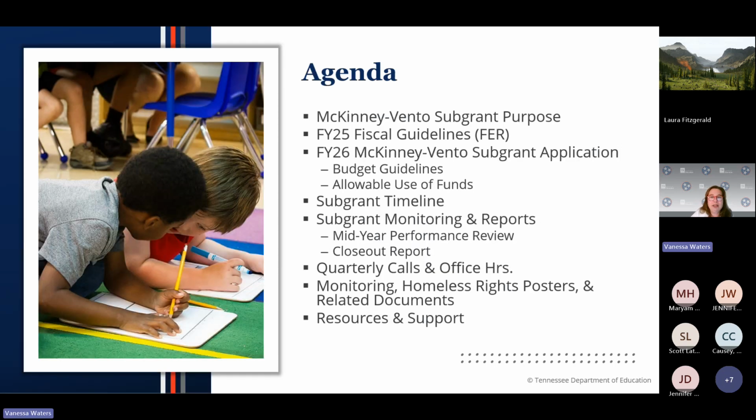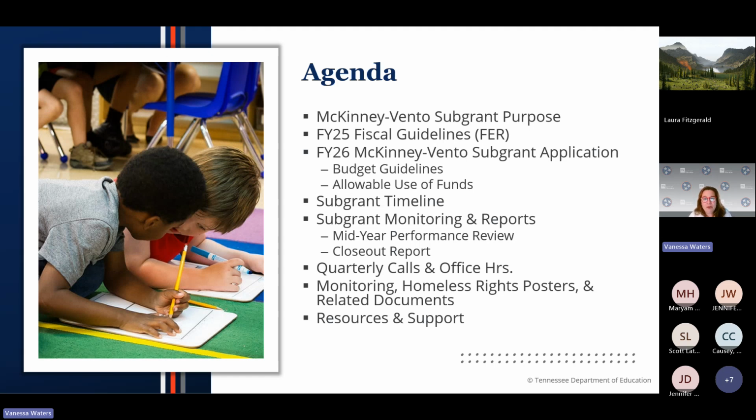So for today's agenda, we're going to recap the purpose of the McKinney-Vento subgrant. We're going to look at returning subgrantees and completing the FY25 FER. We will look at the new FY26 subgrant application for budgeting guidelines and allowable use of funds. We'll look at the timeline of the subgrant requirements.